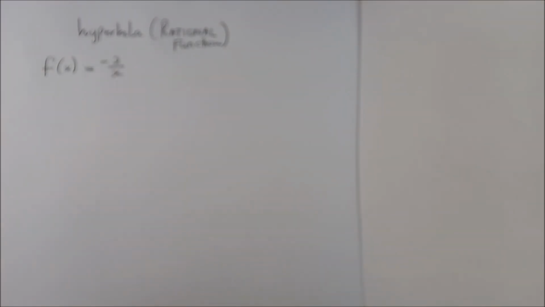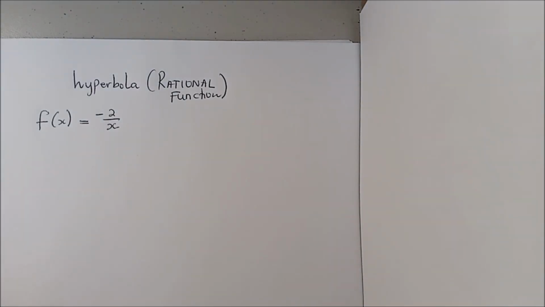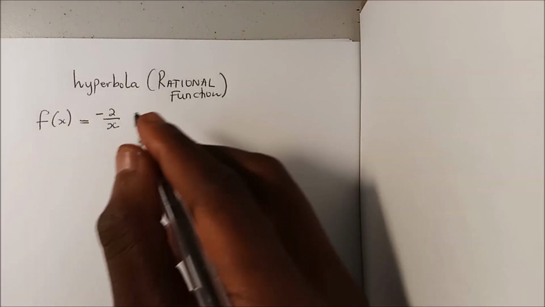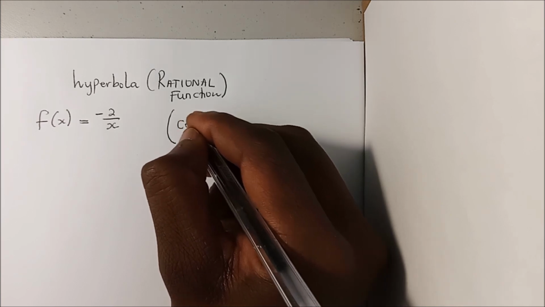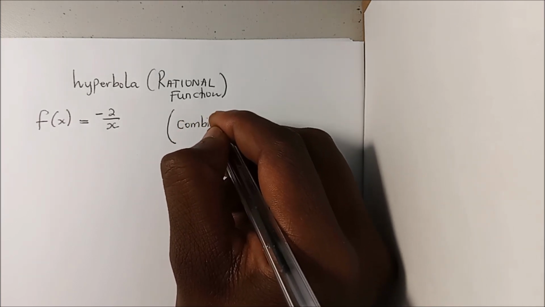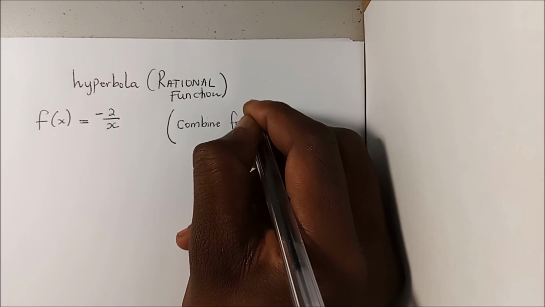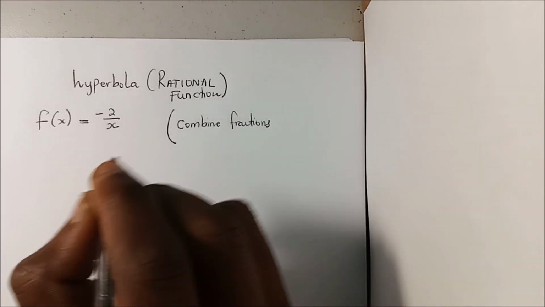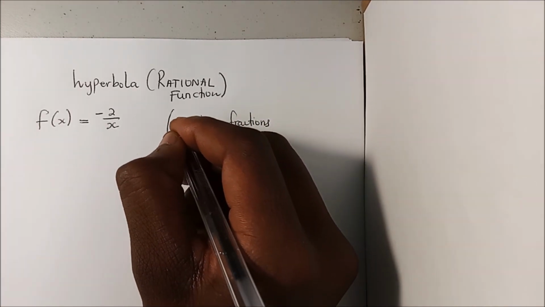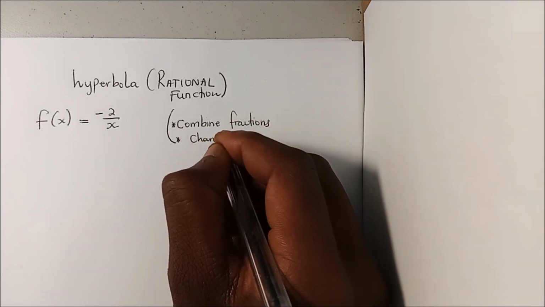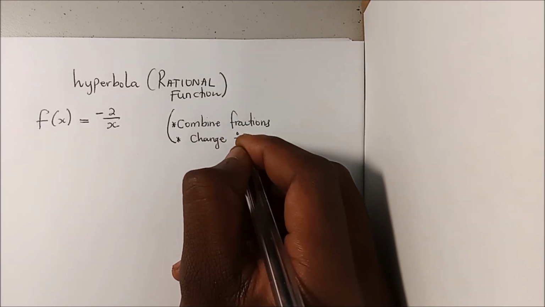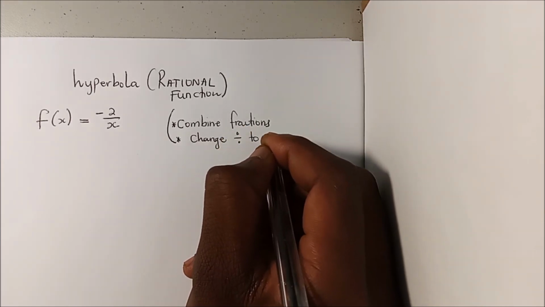So now the new one is a rational function. So now we want to know what will happen with a rational function, since we have information on other functions. So now with a rational function, I will write in brackets combine fractions as the first point, and then change division to multiplication.